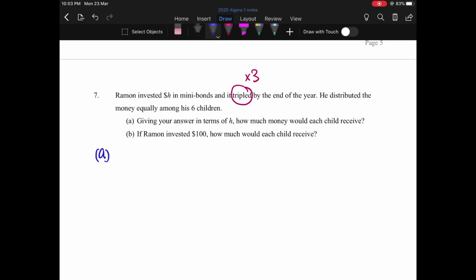So the expression for the amount that each child would receive would be 3H, because it's tripled, divided by 6 children. So we can simplify this. So we can get H over 2.